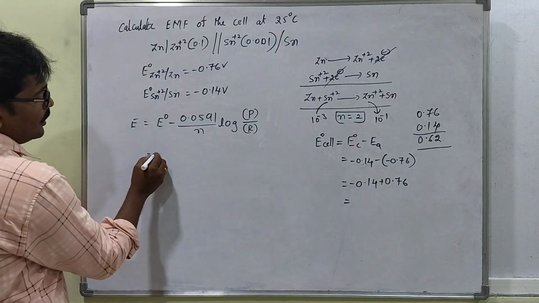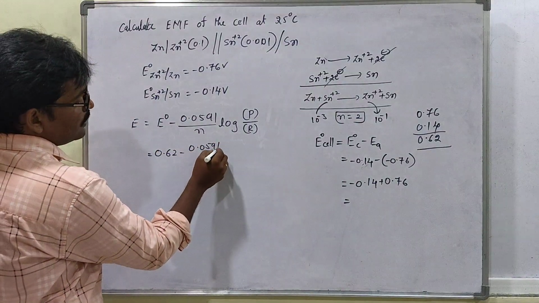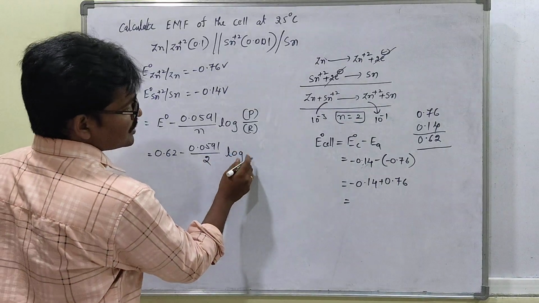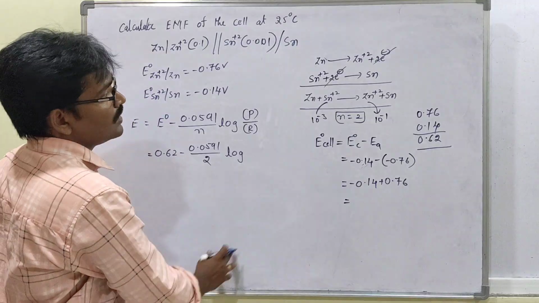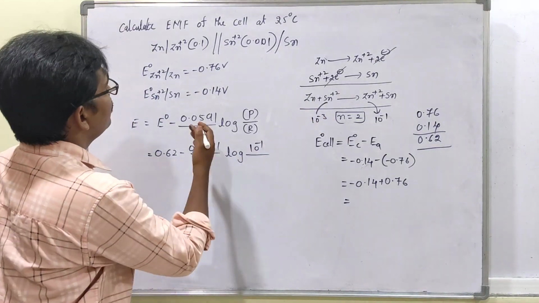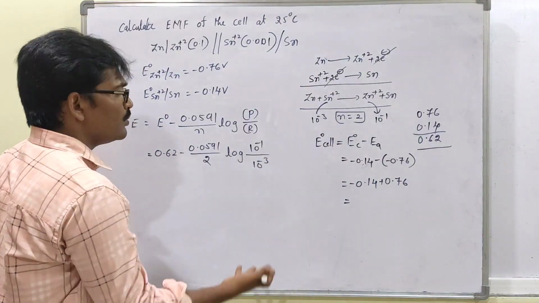Yes. Now E cell equals 0.62 minus 0.0591 divided by the number of electrons, which is 2, then log of product concentration divided by reactant concentration. Product concentration of Zn is 10 to the power of minus 1, divided by 10 to the power of minus 3. When it goes up, that is 10 to the power of 2.